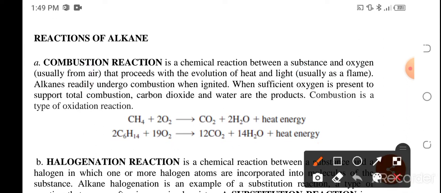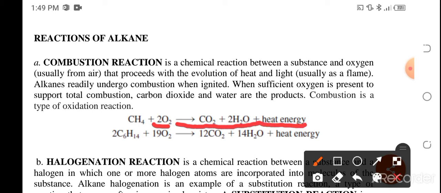Now, let's have this example. Combustion of methane. Pag sinabi sa quiz na, okay, write the reactions or equation for the combustion of methane. So, automatic, laging tatandaan, meron yang oxygen, then followed by an arrow sign, then carbon dioxide, water, and energy.